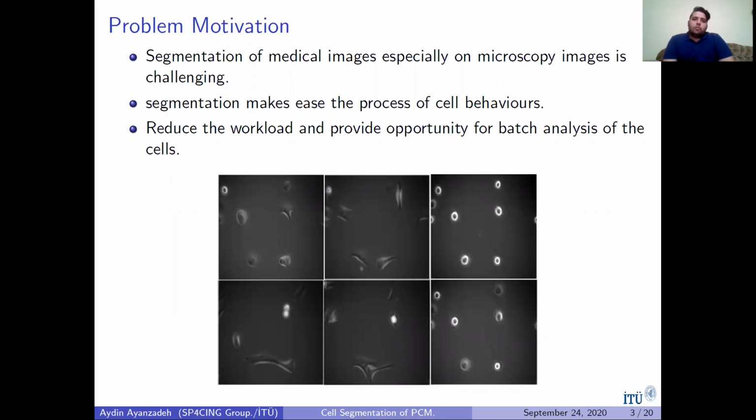Actually, segmentation is one of the most important and challenging parts of medical imaging systems, and it has some advantages, especially making the process of analyzing cell behaviors easier. Segmentation also reduces the workload of batch analysis for the biologist.